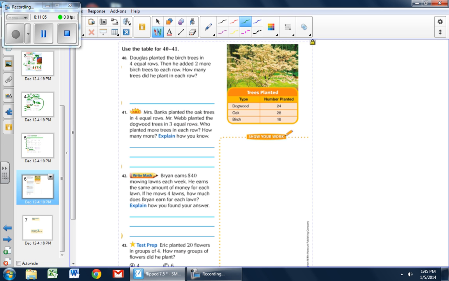So, number 40, Douglas planted the birch trees in 4 equal rows. Then he added, which tells us we might have to do 2 different things, 2 more birch trees in each row. How many trees did he plant in each row? So we need to look at the birch, and it's 16, and he put them in 4 equal rows.